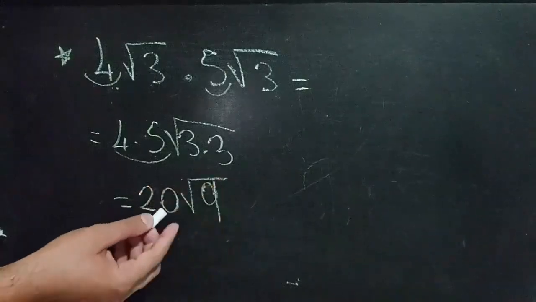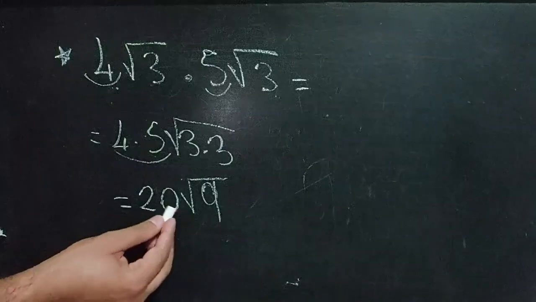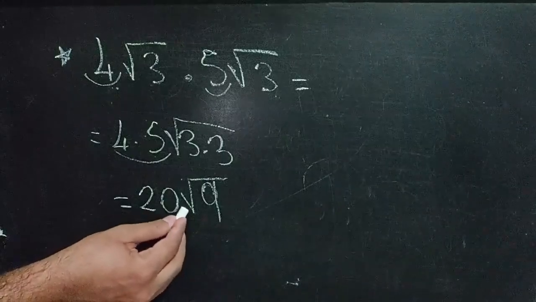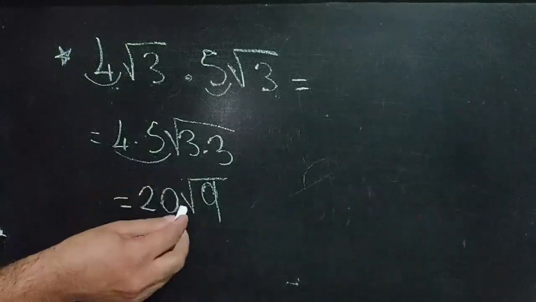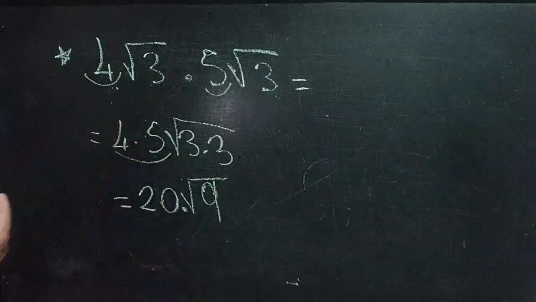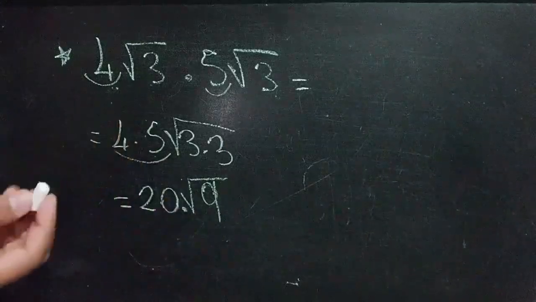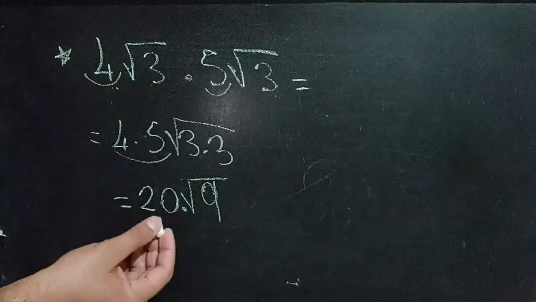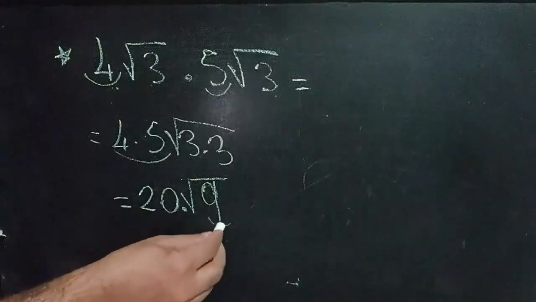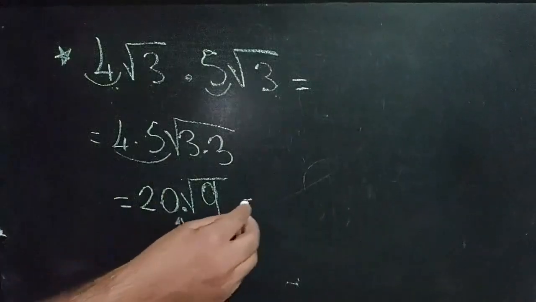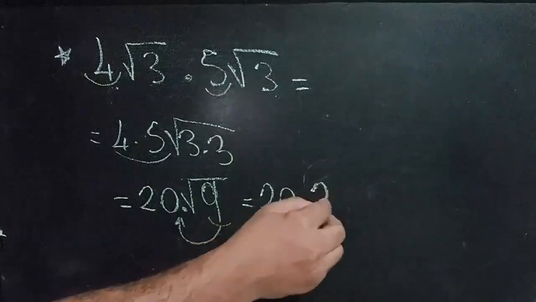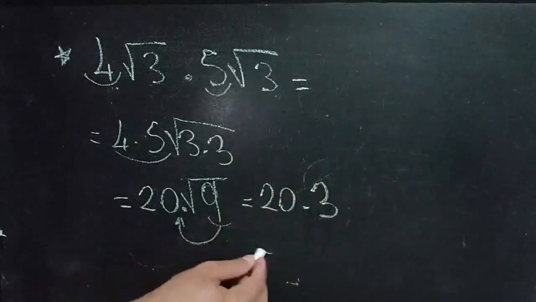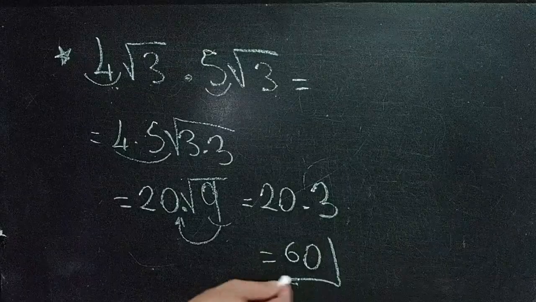By the way, when you say 20 square root 9, it is 20 times square root 9. I told you that in one of the previous lessons. So this will come out as 3, which is going to be 20 times 3. That will give you 60.